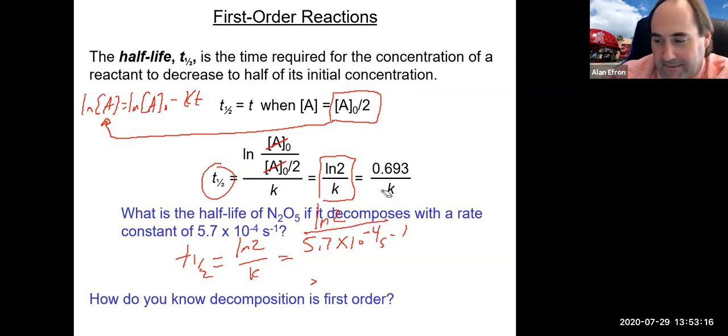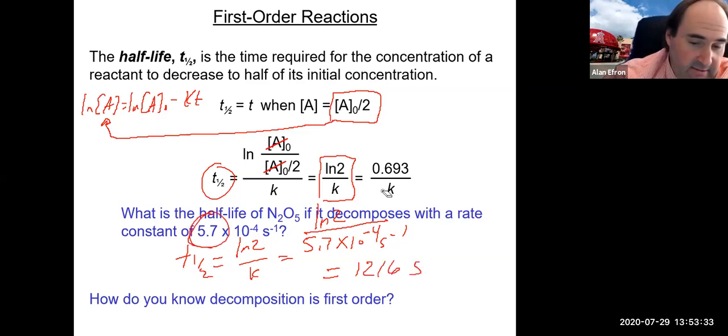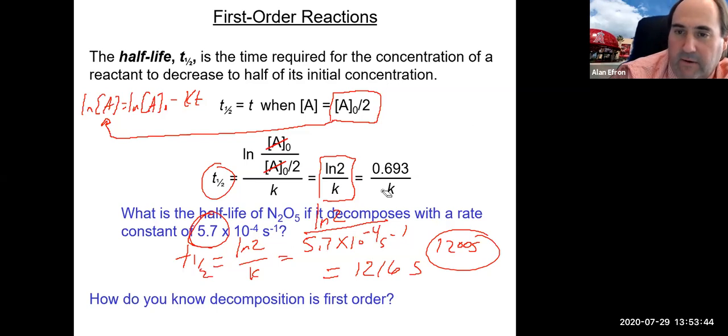And that answer would be natural log of 2 divided by 5.7 times 10 to the minus 4. About 1,216 seconds would be the answer there. And probably 2 sig figs based off of that, so maybe like 1,200 seconds if you want to remember that old sig fig-ness that's chemistry-like. And the final part of that question is obviously, how do we know it's first order?